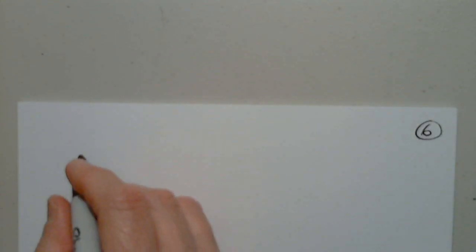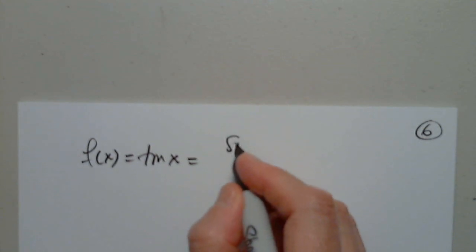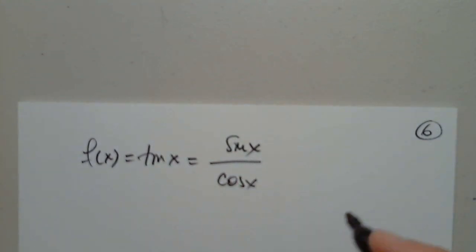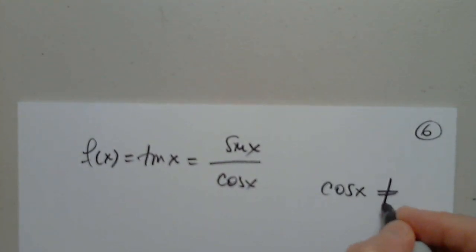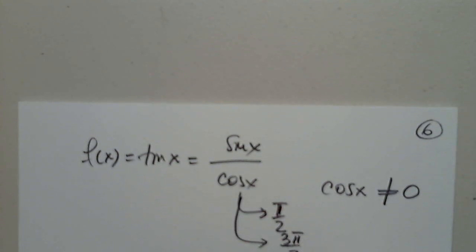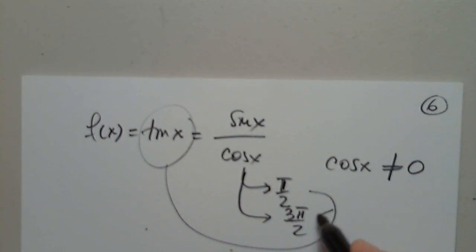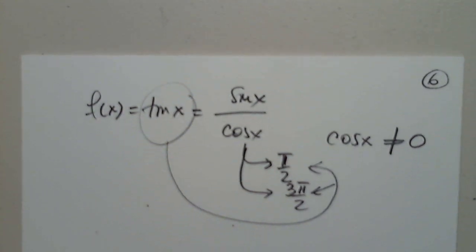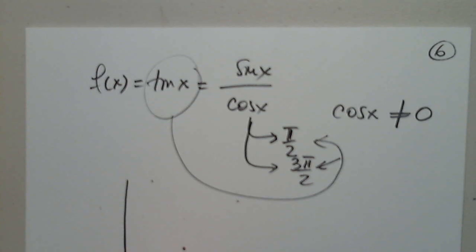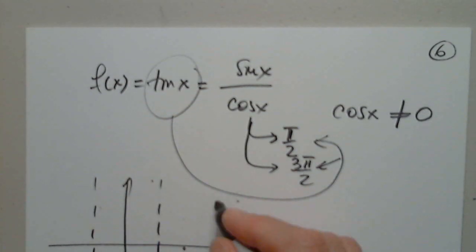So here's another example. If I have f of x equals tangent x, which is sine x divided by cosine x, well, cosine x cannot be 0, but cosine x is 0 at pi over 2 and 3 pi over 2. That's why tangent is undefined at these two points. And that's why when we graph the tangent, we graph the vertical asymptotes first.